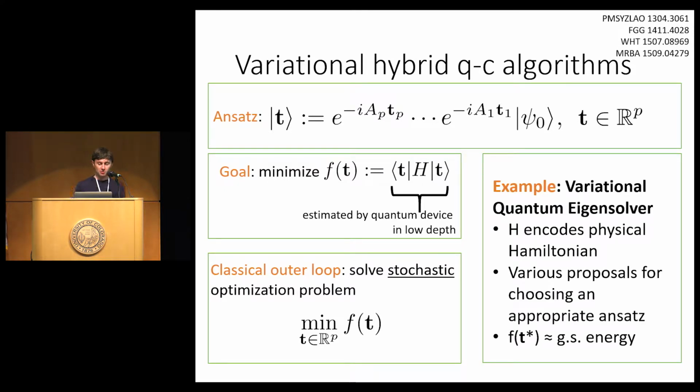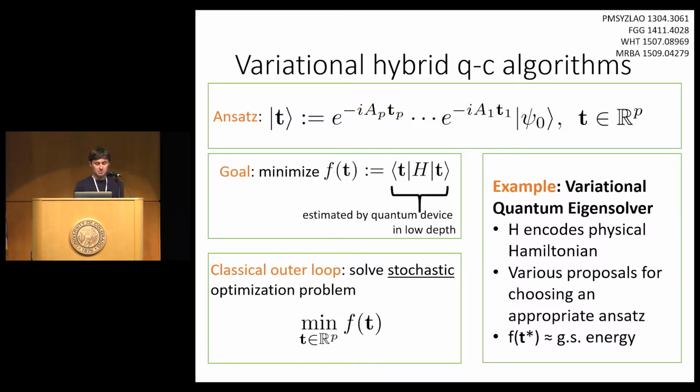A common example is the variational quantum eigensolver. In this setting, H would just encode some physical Hamiltonian. Maybe we want to learn something about the ground state. There are various proposals in the literature on how to choose an ansatz appropriately such that it captures the properties of the ground state.